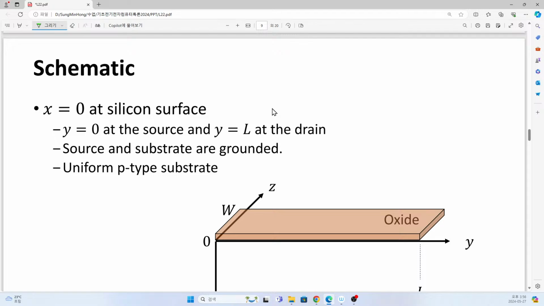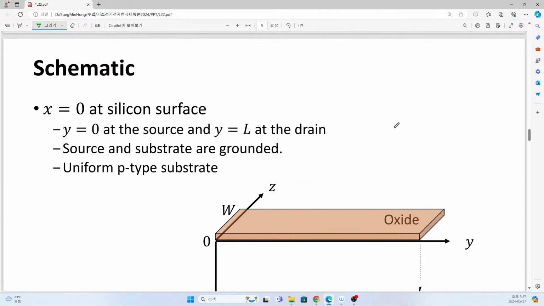Think about our derivation for the MOSFET drain current in your microelectronics course or your junior level course. It contains a lot of ambiguity, but in this course we are now trying to derive the current expression as accurately and as rigorously as possible. So let me just show you how we can do that analytically.